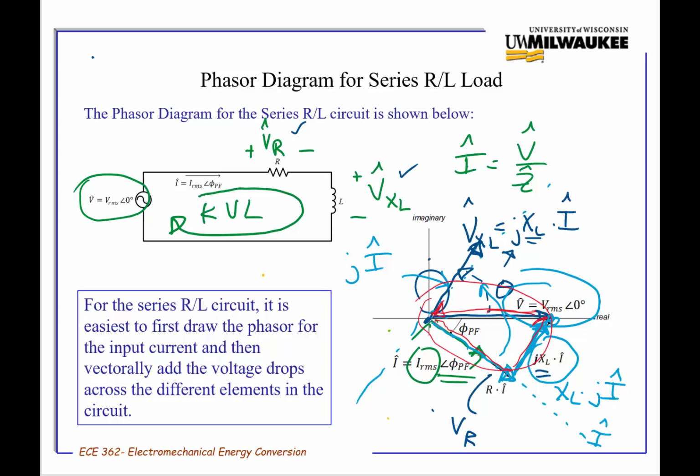That's the same as saying that V input equals VR plus VXL, and now I know that around any loop the voltage has to sum to 0. So what I really have said is VR plus VXL minus V equals 0, and that's what I just did.